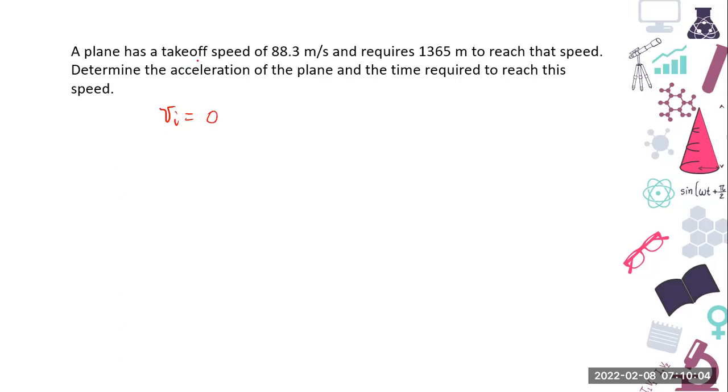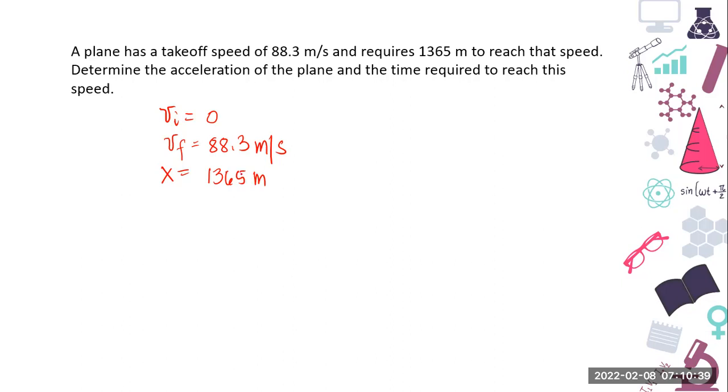We can use that takeoff speed as final velocity. Why is that? Because you can already gauge from the problem that it's the terminal velocity, because we have a given displacement or distance, which is 1365. So we can say that this is our displacement, or the distance traveled by the plane.